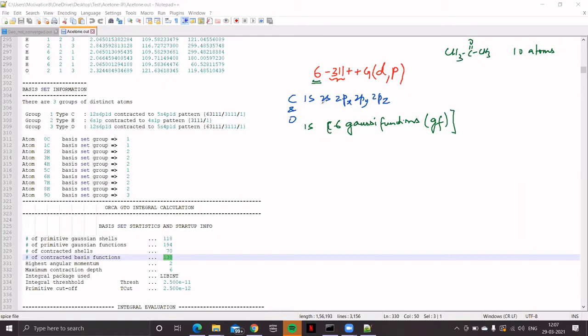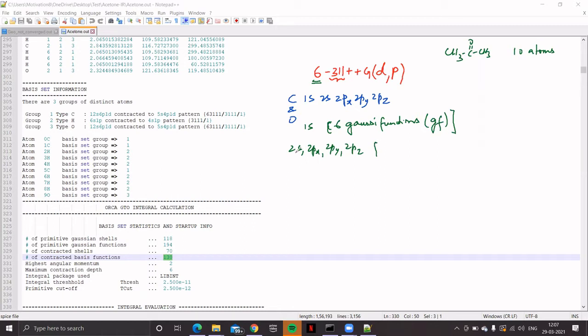Now, the valence shell orbitals, for that, we are using 3 different sizes, that is triple zeta. So 3 different sets of contracted basis functions for valence type orbitals. So 2s, 2px, 2py, and 2pz, that is one set of valence orbitals.